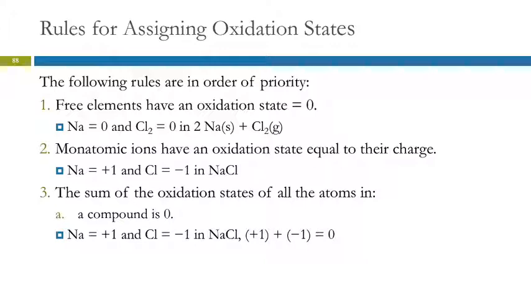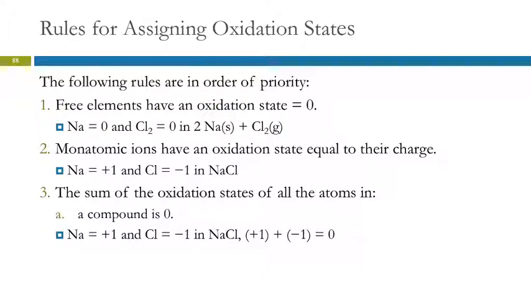So we need to learn how to assign oxidation states. I'll go through the rules. They seem kind of confusing, but then hopefully I can summarize at the end and show you that it's really not all that bad. So the rules go in order of priority. So you do the first rule and then the second rule, etc. So free elements have an oxidation state of 0.